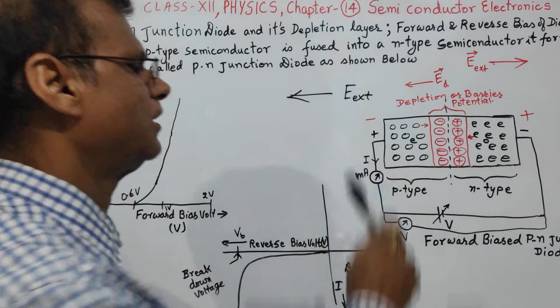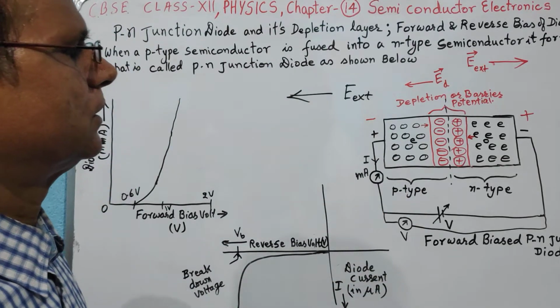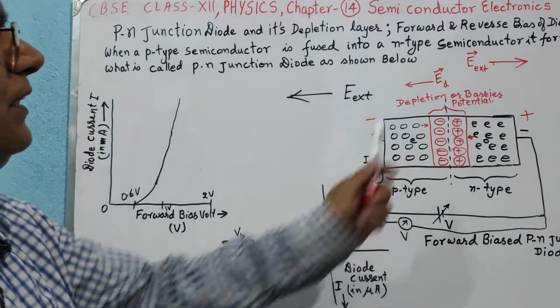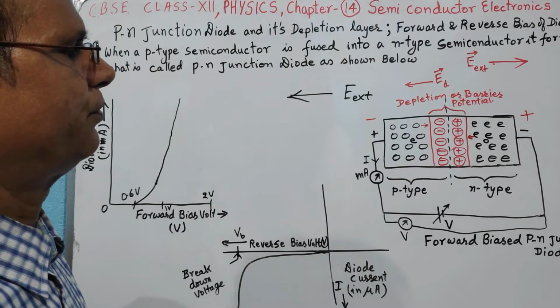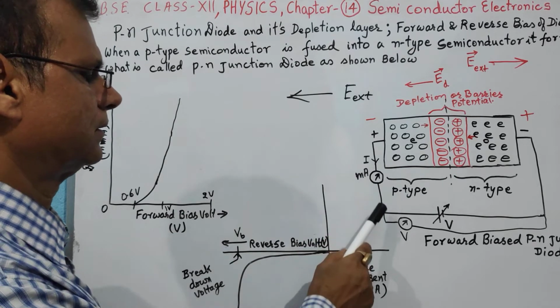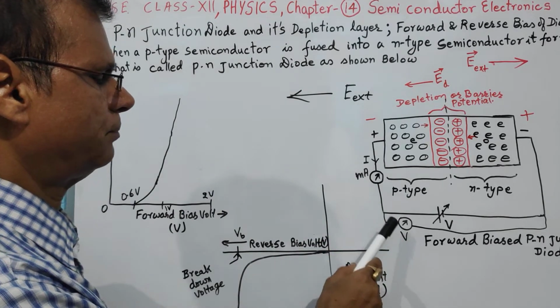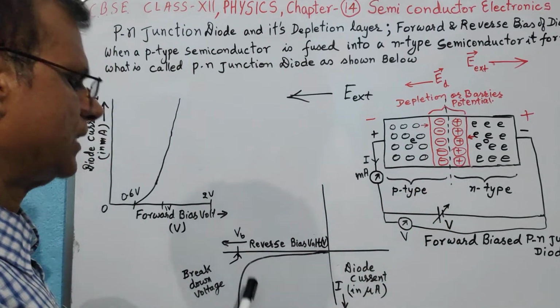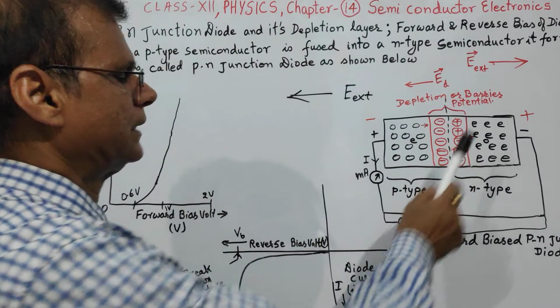Now since minority charge carriers do not have any opposition from the field, because both are in the same sense, the current starts from a very low bias voltage. Even at very low bias voltage, current starts flowing due to the minority charge carriers.